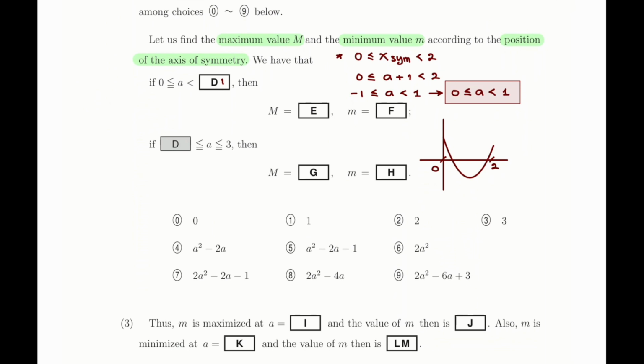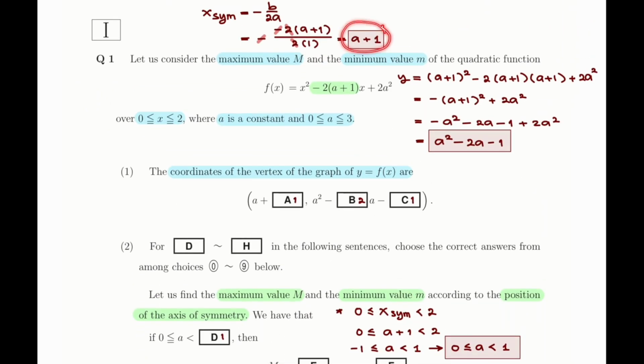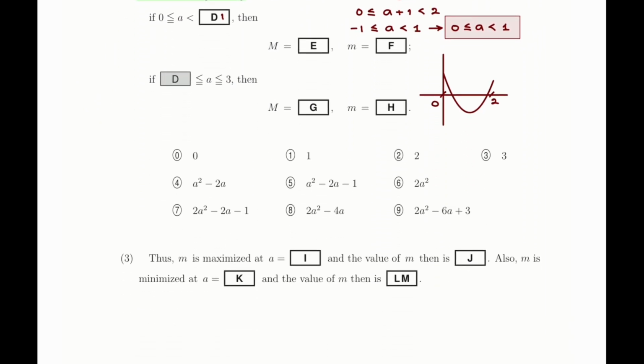But from my illustration, we can see that the minimum value is at the symmetrical axis, and the maximum value is either when x equals 0 or x equals 2. So from this graph, I can make a conclusion. If I want to find the minimum value, it is at x equals a plus 1. So m is equal to f(a plus 1).